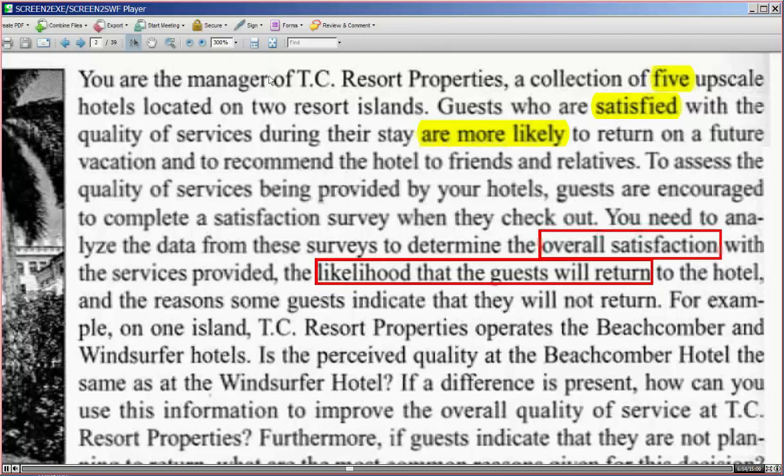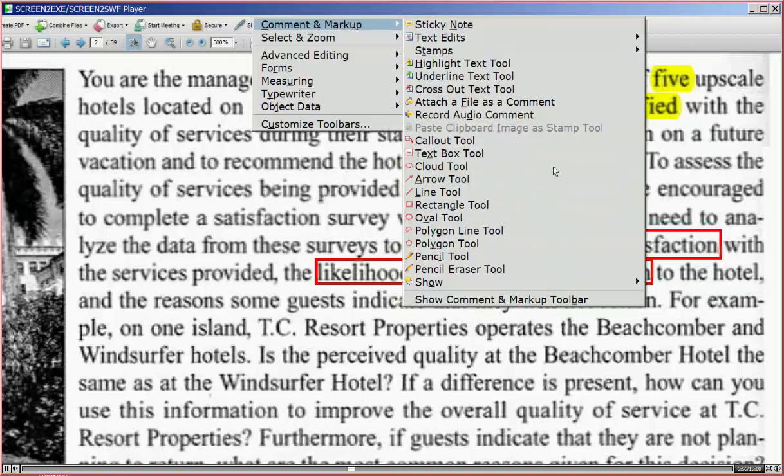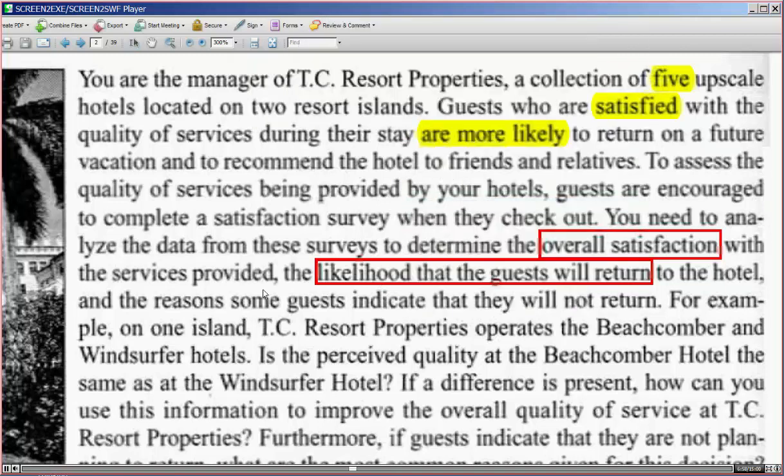And the reasons for not returning on the part of some guests. So we have 3 tasks here, 3 tasks facing the questionnaire analyst.